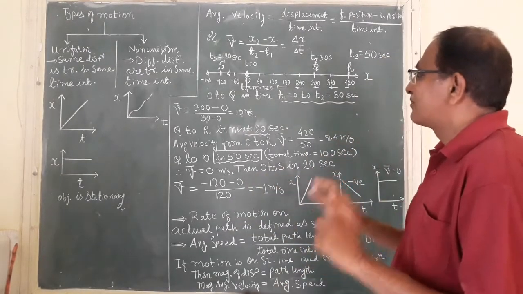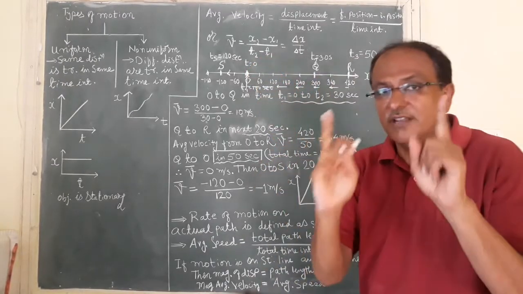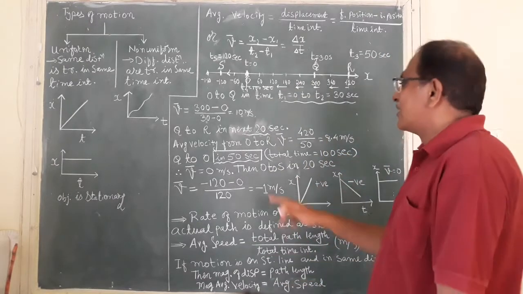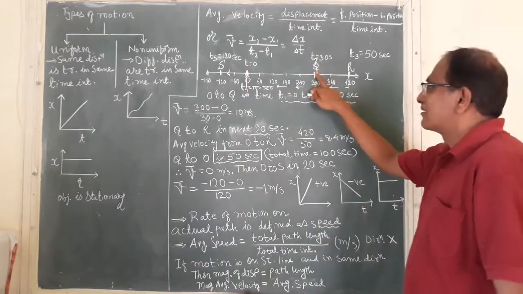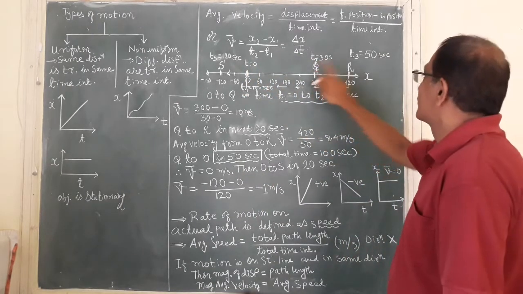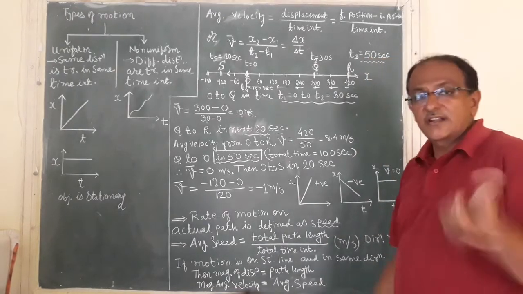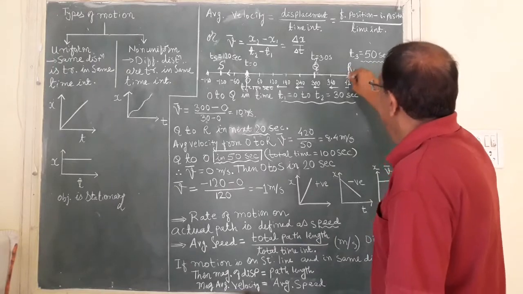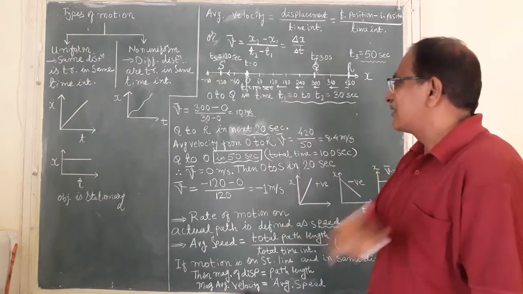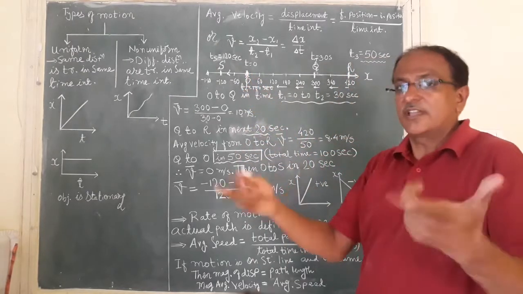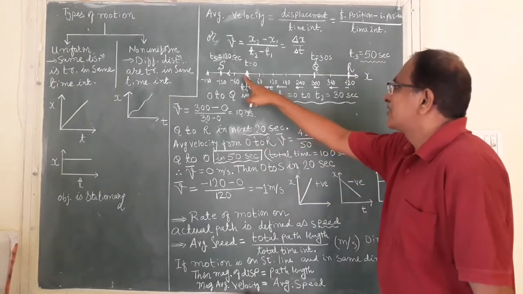Now it goes from this point Q to R in the next 20 seconds. So if I want to find the average velocity considering my initial point O, then total time interval, try to understand, from O to Q is 30, Q to R is 20, so total time will be 50 seconds, or at 50 seconds the object will be at point R. So the average velocity going from O to R will be, how much distance does it cover?